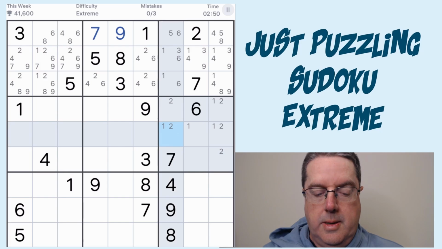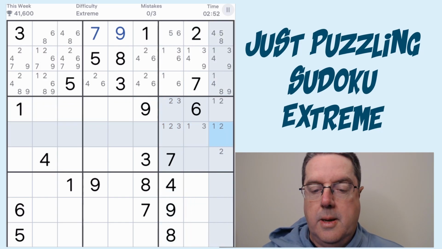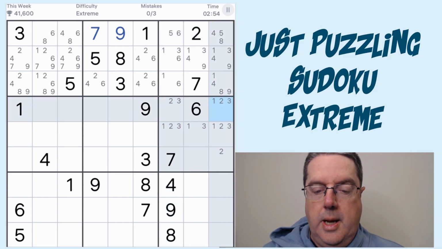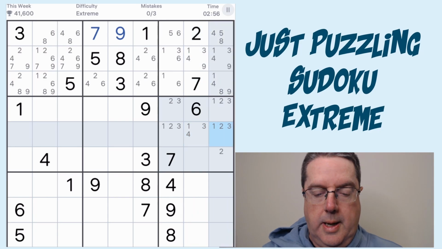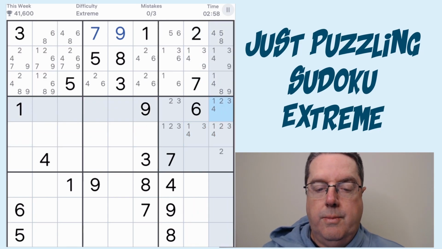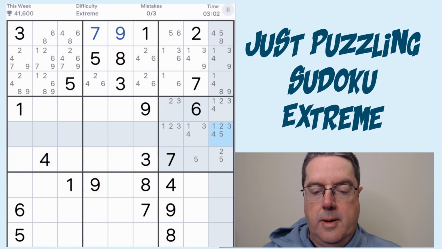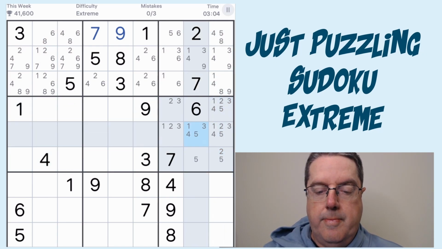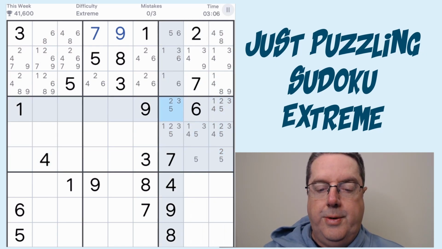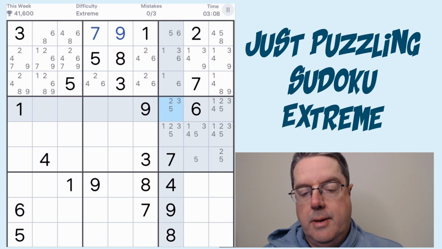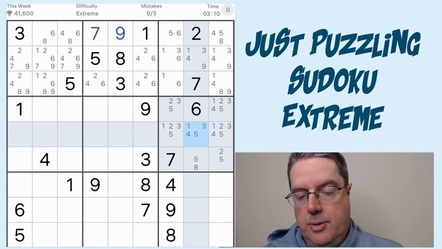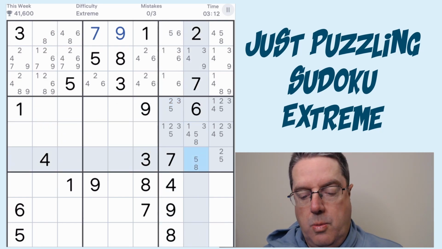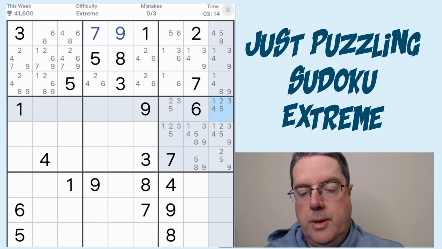3 is here. 4 are these side. 5 is all of them. 6 is there. 7 is there. 8 will be in this column only, and 9 will be in these 2 columns.